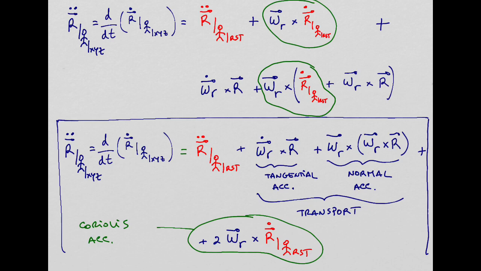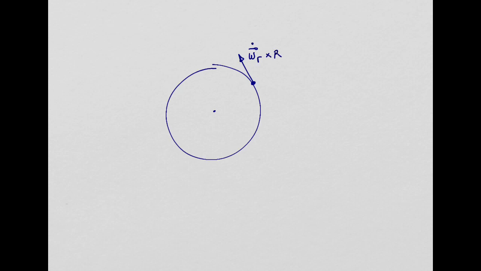And then you have this second big component, which is the transport component, which includes two parts. Tangential acceleration, normal acceleration. Why do I call these names? Well, because in circular motion, if you have a point here, the tangential acceleration is going to be this component, ω̇ cross product with position vector, tangential to the trajectory.